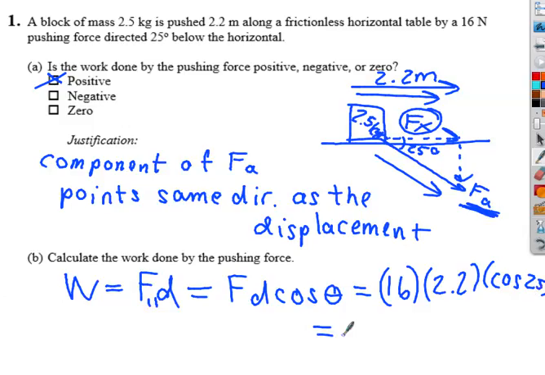And that equals 32 joules. Okay, 32 joules. So pretty close to the total amount, but not total. If it was 16 times 2.2, it would be a little bit greater. So that's part B. Let's keep moving forward then.